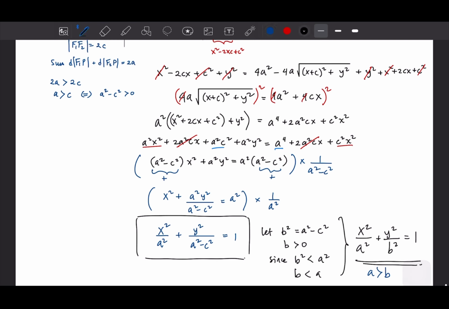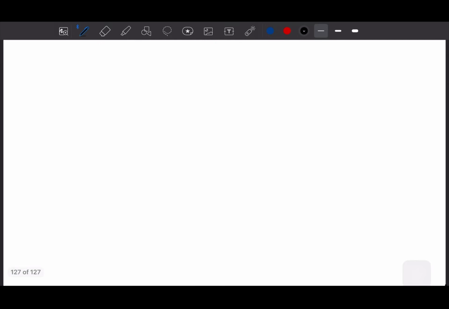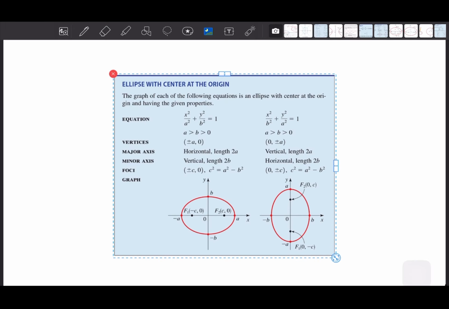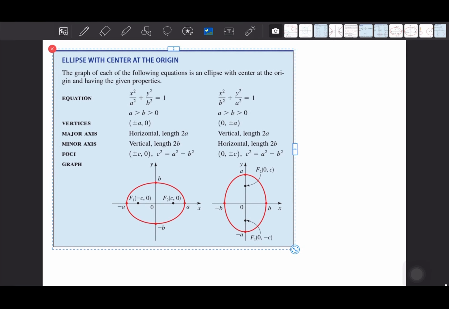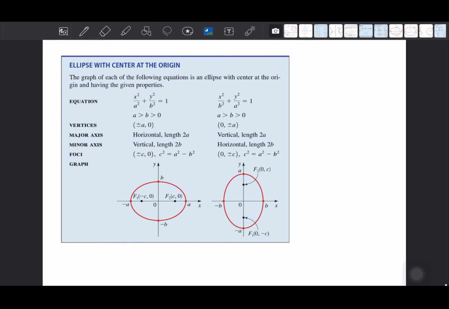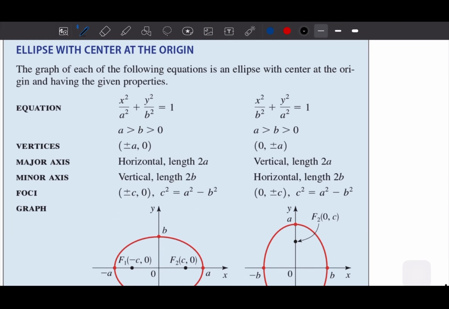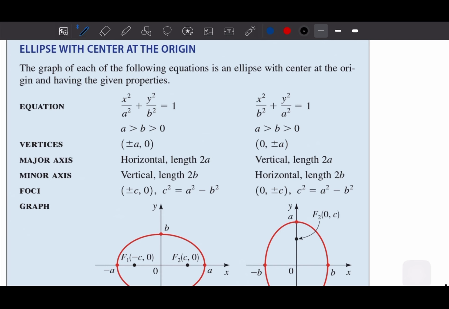Okay, now the summary. This is the important one. If you forget the part here, it's okay. So we have two kinds of ellipse.